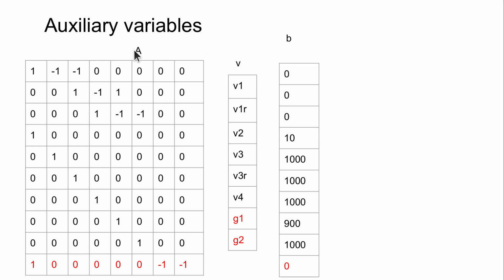So here, imagine we have an isozyme. We have reaction V1 that is catalyzed by enzymes G1 and G2.